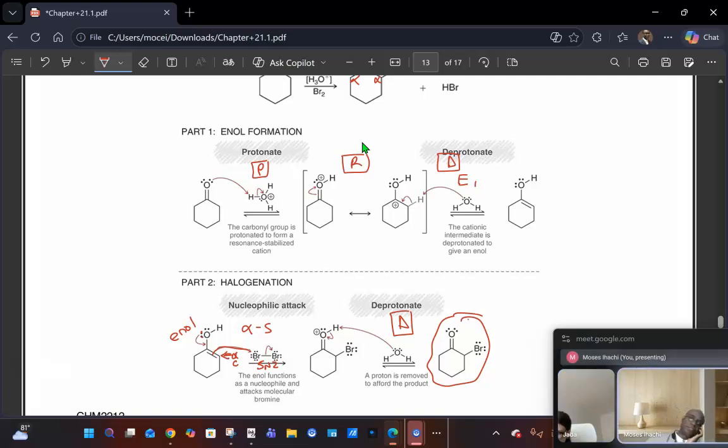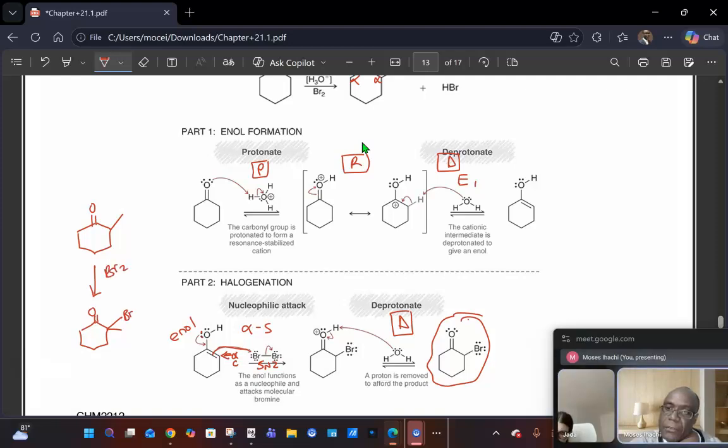Notice that no base was used here, so you don't need to worry about the kinetic and thermodynamic. But if this structure was like this, by the way, you would go thermodynamic because you're not using LDA, you're not using a bulky base. That's the one that makes things change.